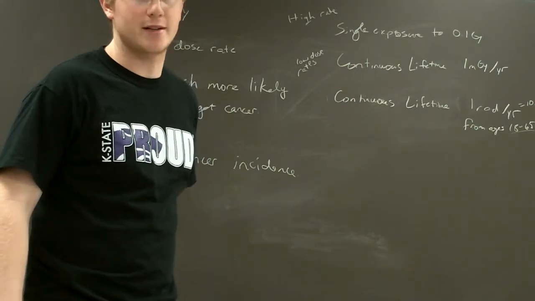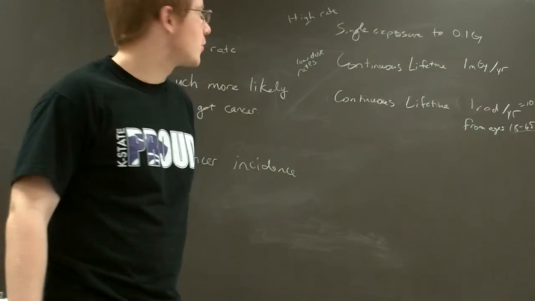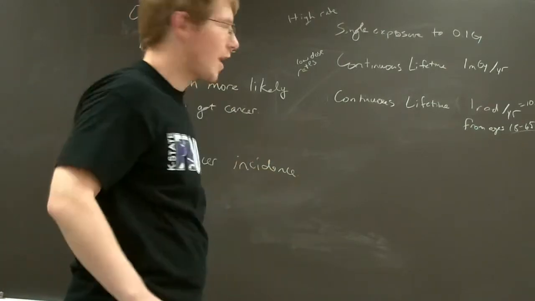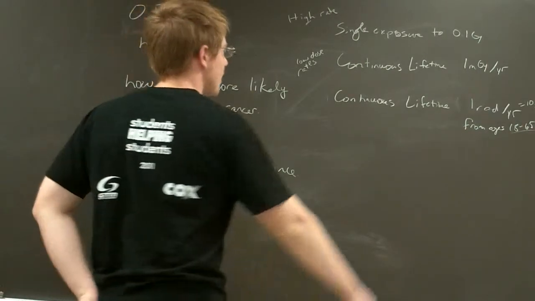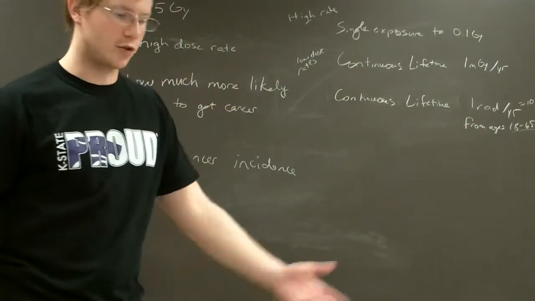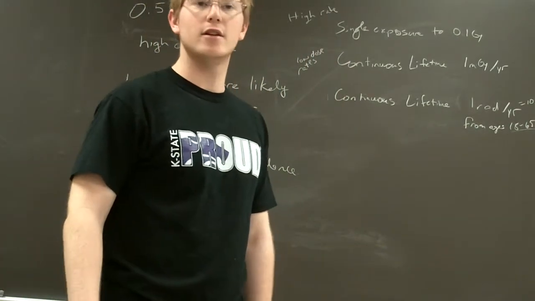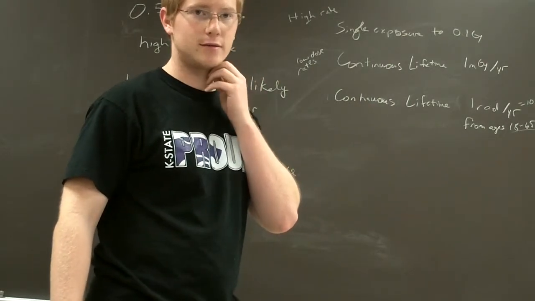Different places in the world have different background levels of radiation, so maybe that's the difference. I'm not positive, but that might be a difference. But this is specifically targeted for working life, for working there your entire life, from 18 to 65. Okay.